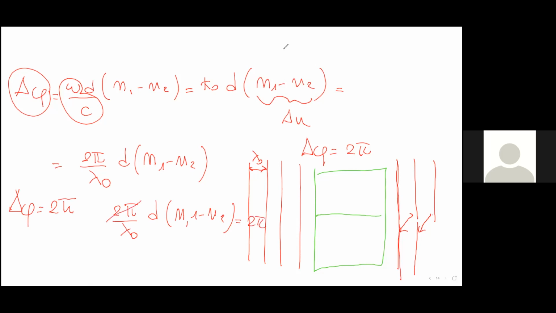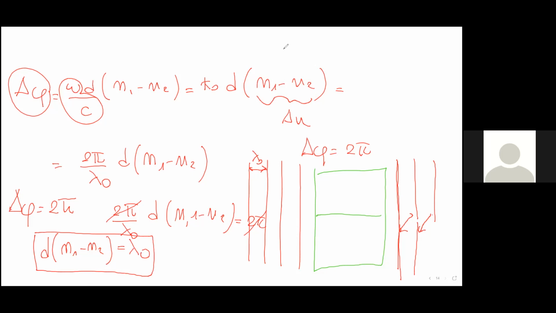The 2 pi and 2 pi go away, and you get that this difference here multiplied by d must be equal to the wavelength.